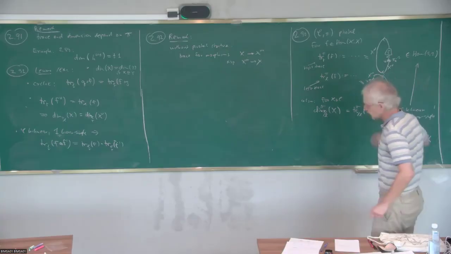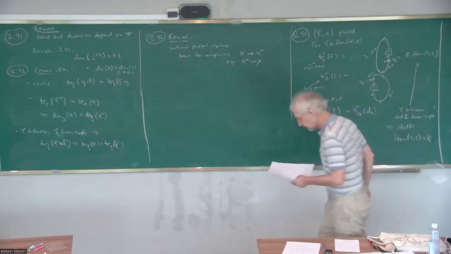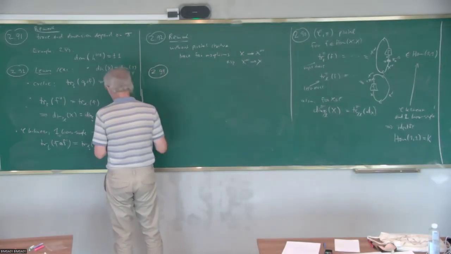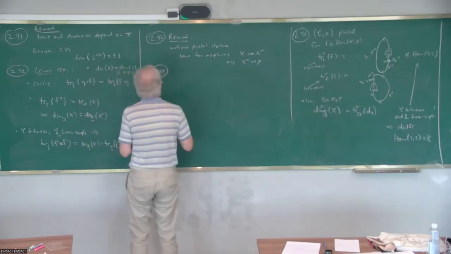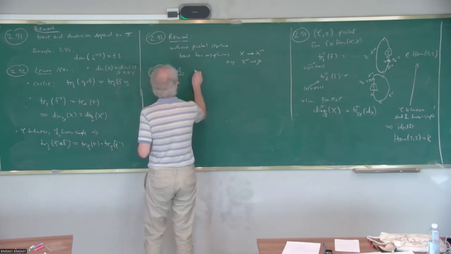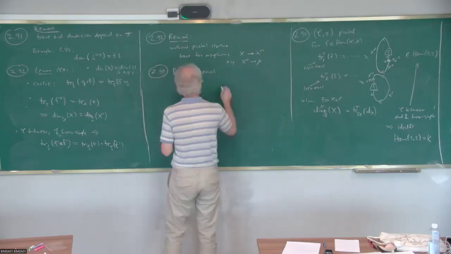Now, it's a bit annoying that we have left and right traces and dimensions, but there is a class of categories where they are equal, and they are introduced as follows.